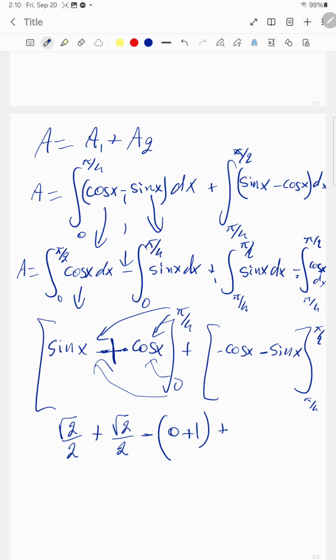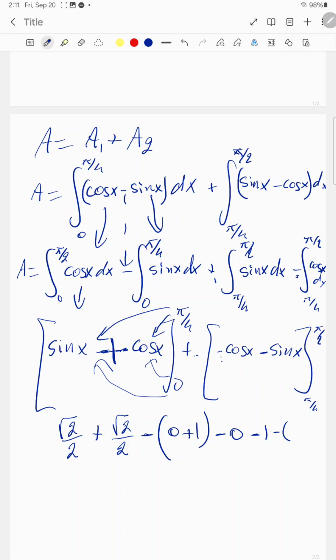Now plus times minus is minus. We know that cosine pi over 2 is 0. Minus sine pi over 2, the sine of pi over 2 is 1, and then I put minus and open my parentheses here.